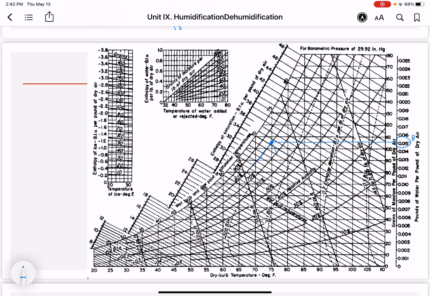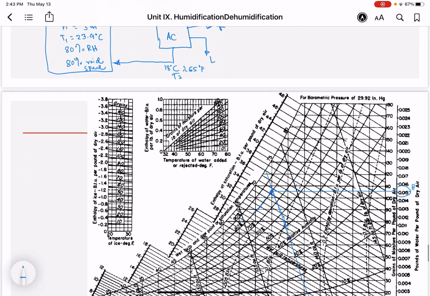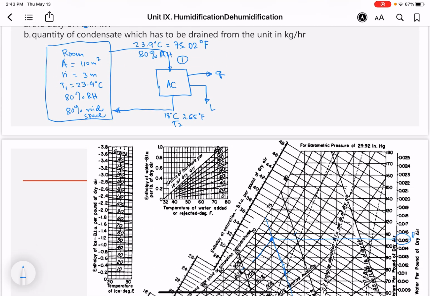So kung ipoproject kong pag ganito siya, parallel to the lines here, these two lines, I get to have around 13.6. Kasi 14. So kung titingnan mo kung 13.5, so assuming we get that at 13.7, kasi this is 14. Okay, so your specific volume, so we plot at point 1.